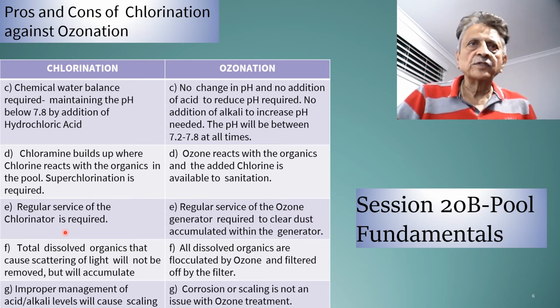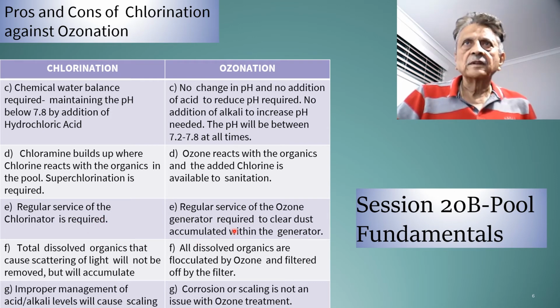And if you shine a torch into the pool, you can see the beam of light going to the floor. Once you see the beam of light going to the floor, it is a sign that there are lots of particles, dissolved organics, etc. in the pool that have not been removed.